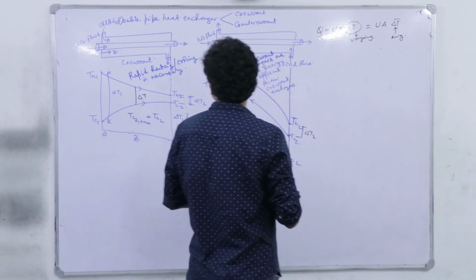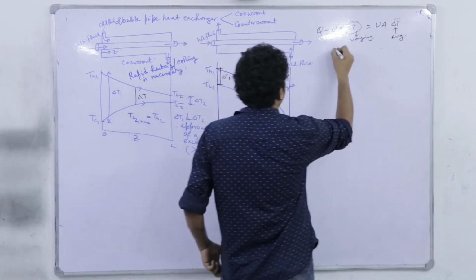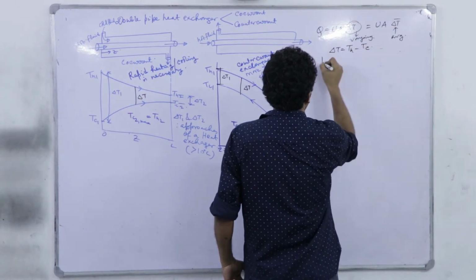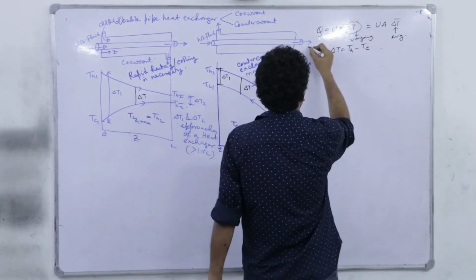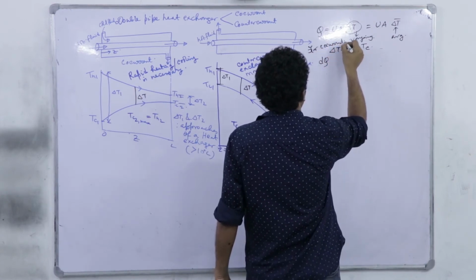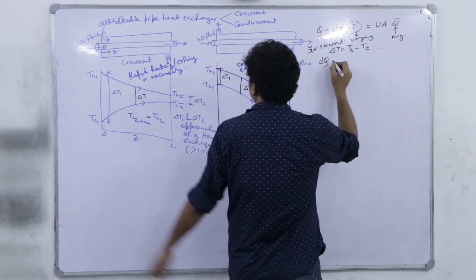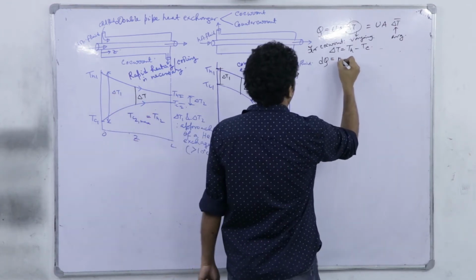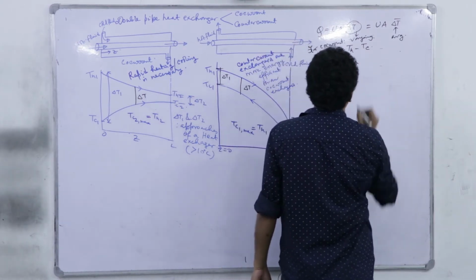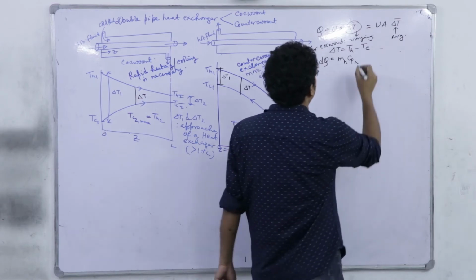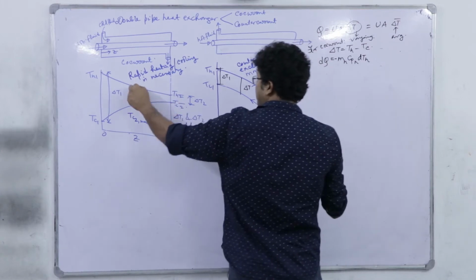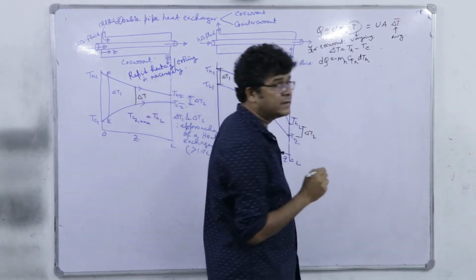So you see that delta T is basically TH minus TC, and we know that for co-current, let's do it for co-current, and we can extend it for counter current also. So dQ is equal to mH CPH, mH is a mass flow rate, CPH is the hot fluid specific heat, into dTH with a minus sign because dTH is decreasing, right? So dTH itself is negative.